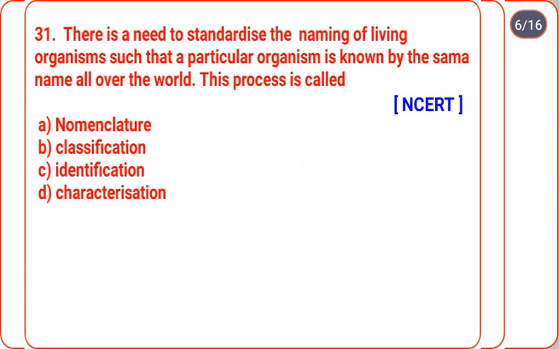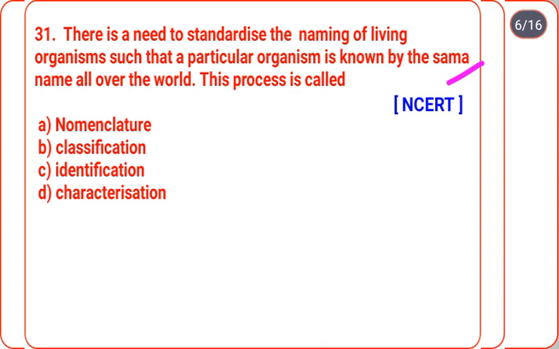Question number 31. There is a need to standardize the naming of living organisms such that a particular organism is known by the same name all over the world. This process is called.